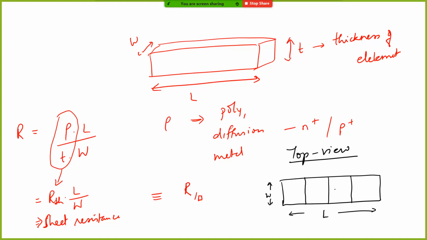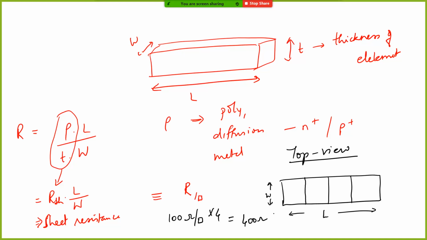A quick way to calculate the resistance of a resistor in a layout is to count the number of squares. For example, if your sheet resistance is 100 ohm per square, what is the resistance of this resistor? It is 100 ohm times 4, so 400 ohm is the resistance.